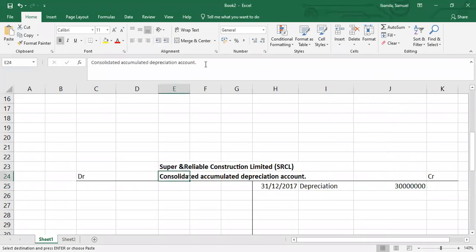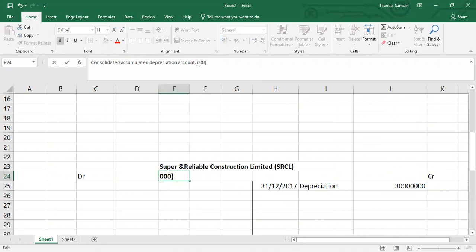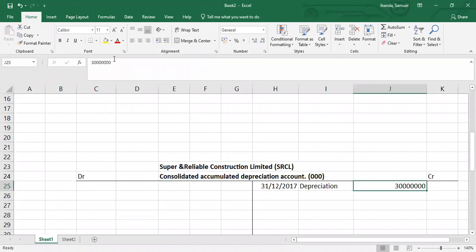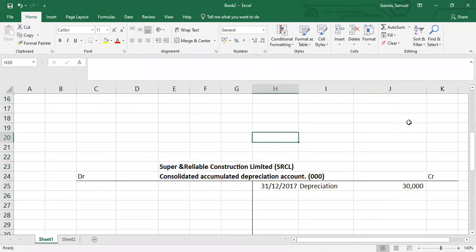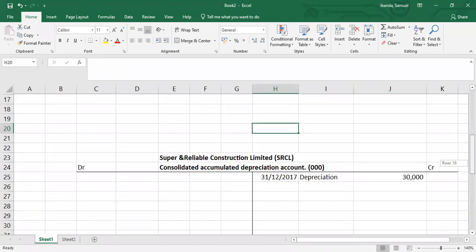Let me also put a degree of precision, 1,000 here. So I reduce on my value. So it should be about 30,000.